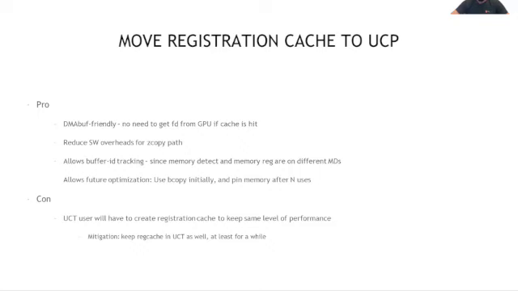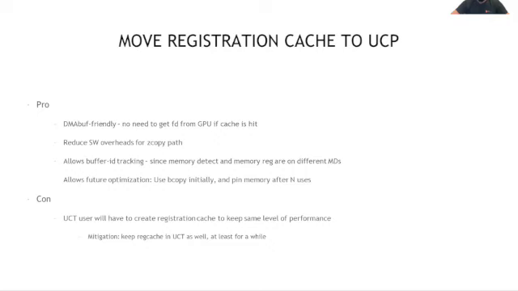In addition, it allows potential optimizations in UCP, things like tracking user buffer ID. We cannot really do it today because the entity in UCT that keeps the registration cache, which is IB, is not the same entity that allocates the memory, which can be CUDA, for example. So it has to be some common place.